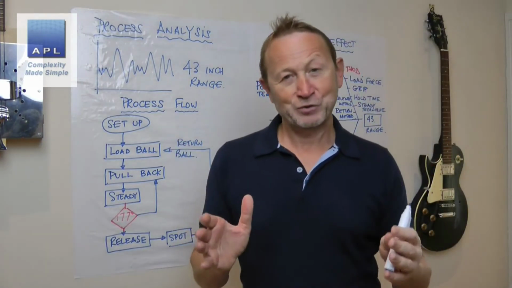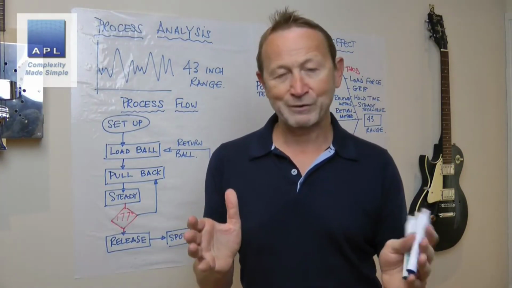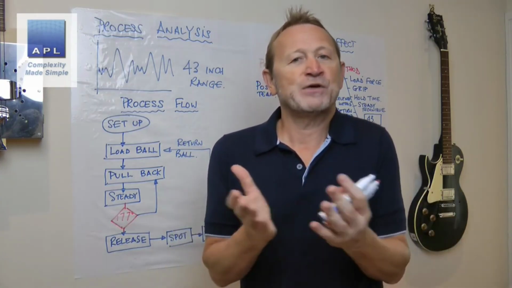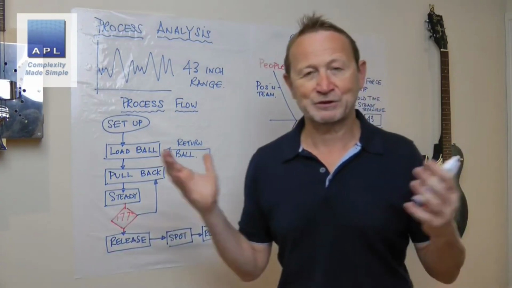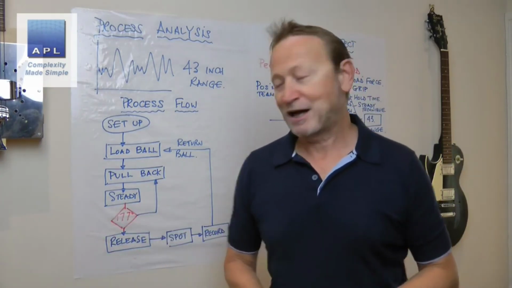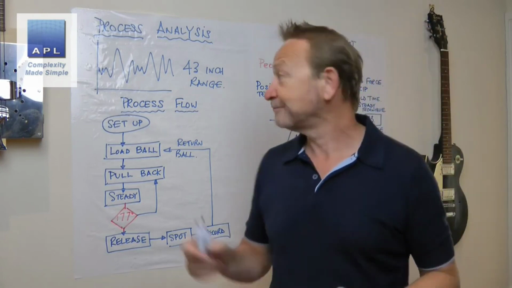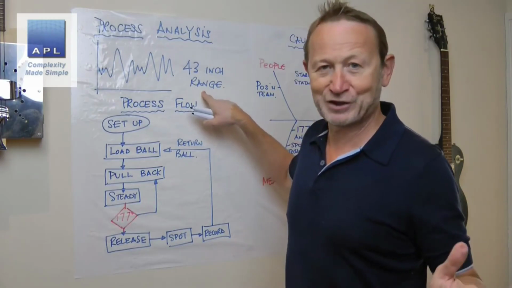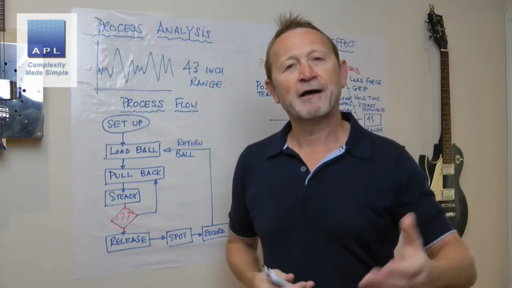Plenty of opportunity to improve here, because none of these variables are being controlled. They are all out of control. We didn't specify any rules about how to grip the catapult, how to steady the catapult. We haven't come up with a technique for spotting the ball, etc. When the ball's moving around by 43 inches, that's going to be pretty difficult to spot where the ball is going.